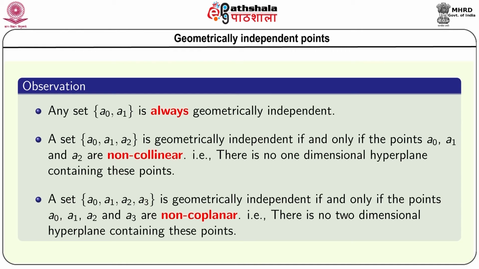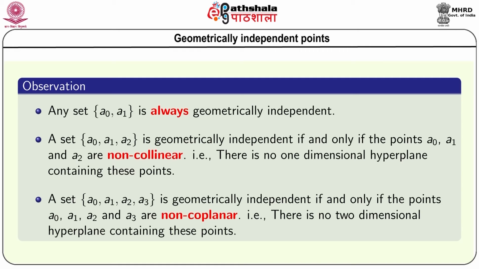Similarly, if we take a set of 4 points a0, a1, a2, a3, it is geometrically independent if and only if the points are non-coplanar. So, from these observations, we see that there is no one dimensional hyperplane containing 3 points, there is no two dimensional hyperplane containing 4 points.